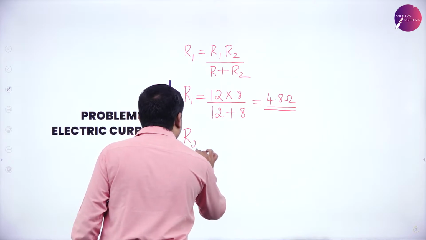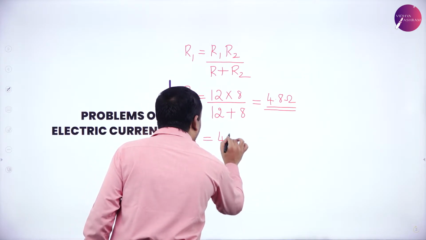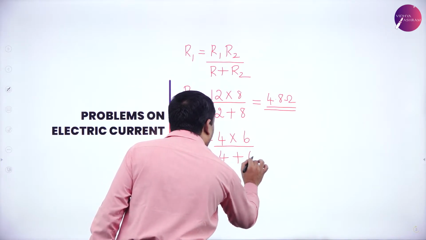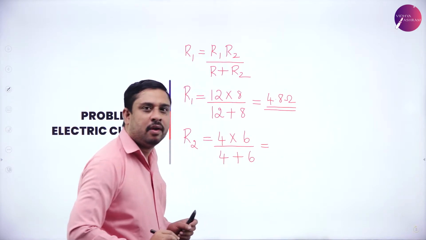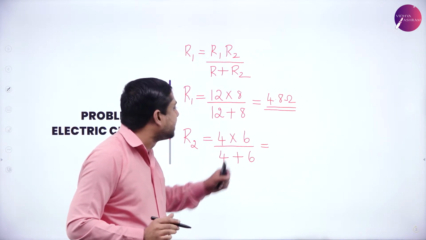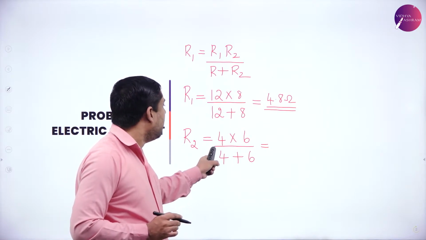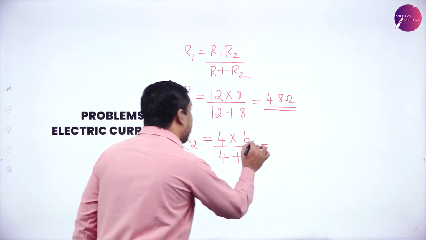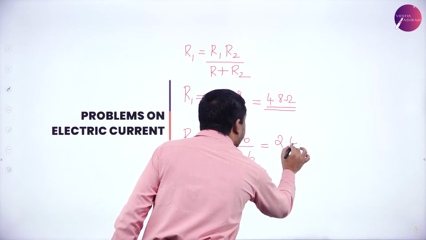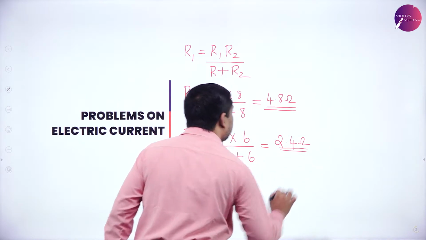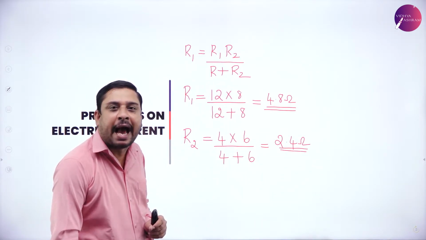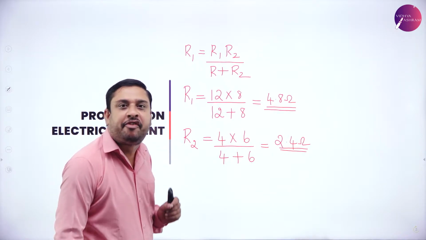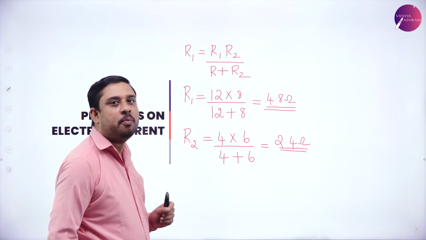So R2 will be now 4 into 6 divided by 4 plus 6. 4 into 6 is 24. 4 plus 6 is 10. 24 by 10, which is 2.4 ohms. So I have calculated the effective resistance between 4 ohm and 6 ohm resistor.